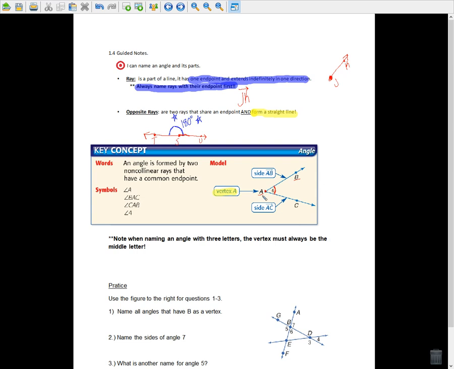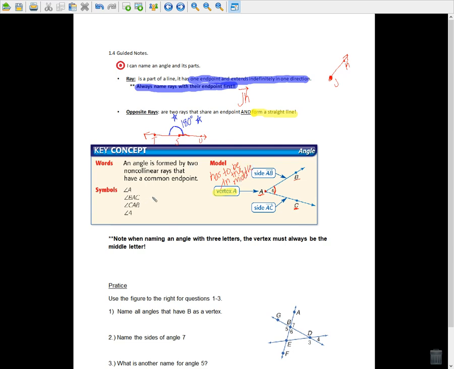So here, B, A, and C are our 3 points. The reason it is so important to know the vertex is because no matter how we name this, if we use 3 letters, the vertex has to be in the middle.